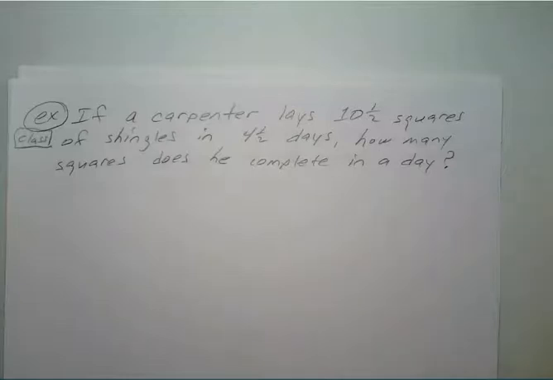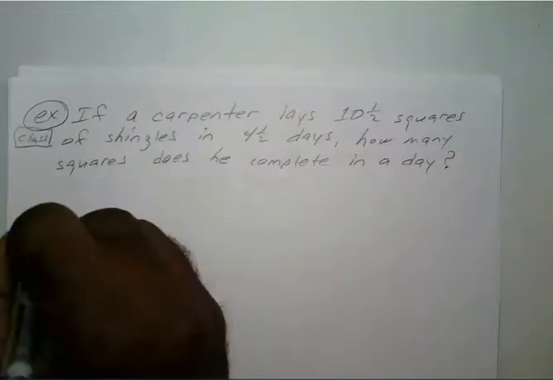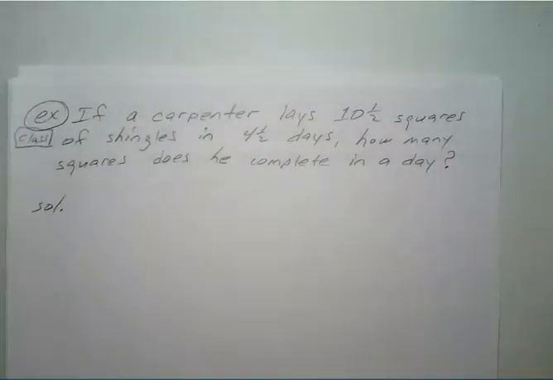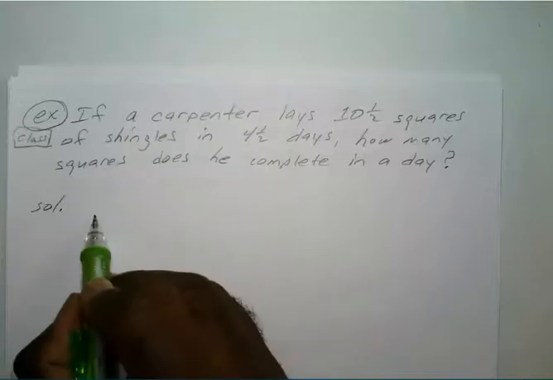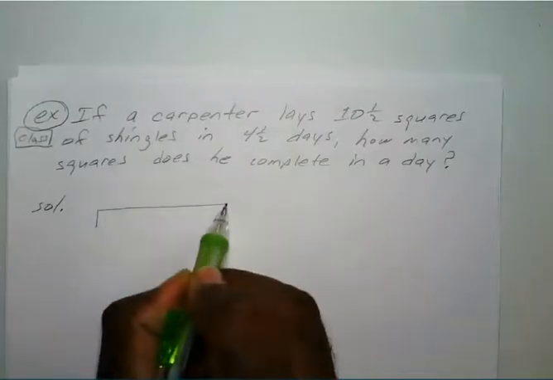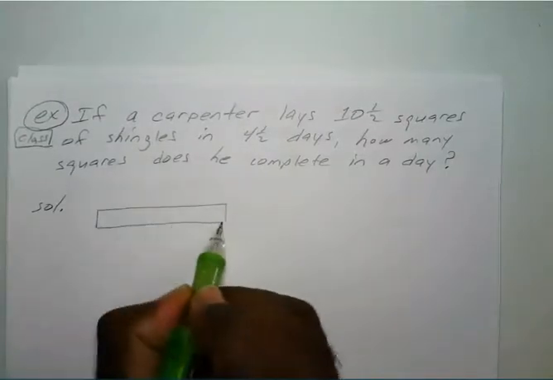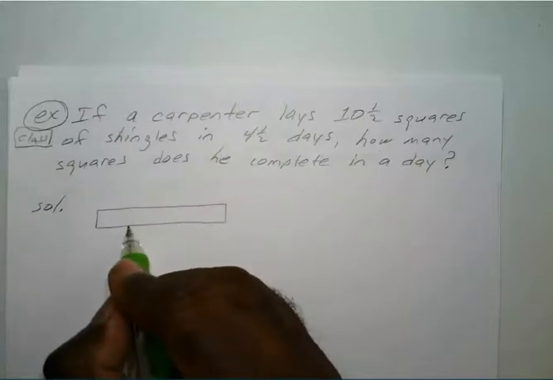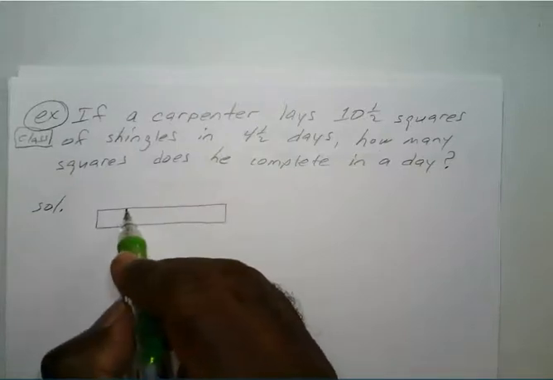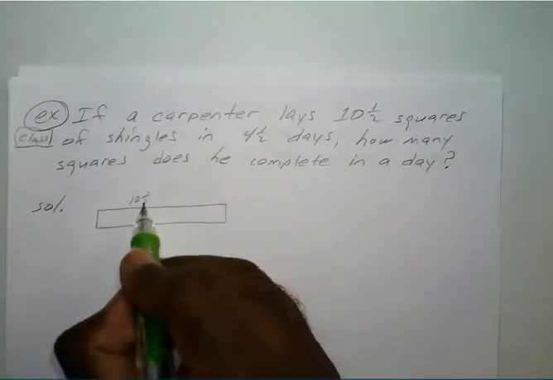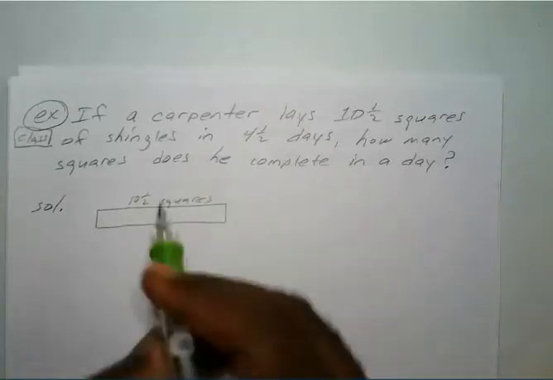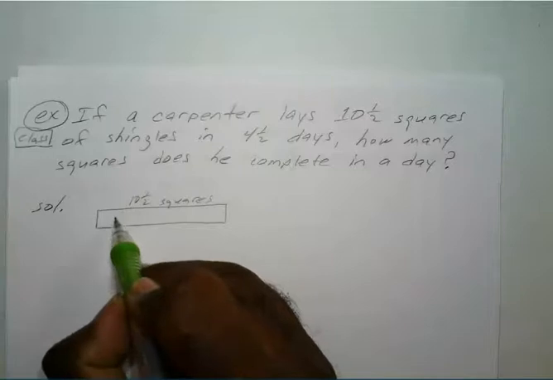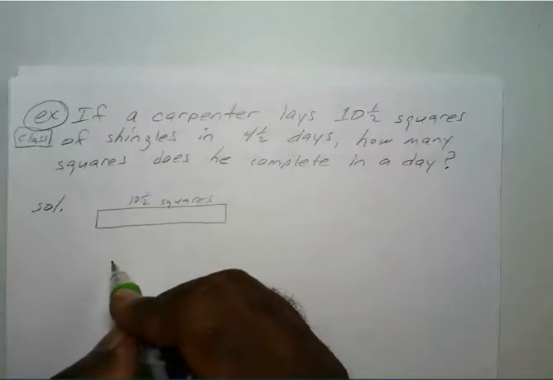All right, so I'm assuming you've already solved it, so let's go ahead and verify your answer. You have 10.5 squares in 4.5 days. So we have our 10.5 squares, and then we want to find out how much he did in those 4.5 days, or how much he did in one day.